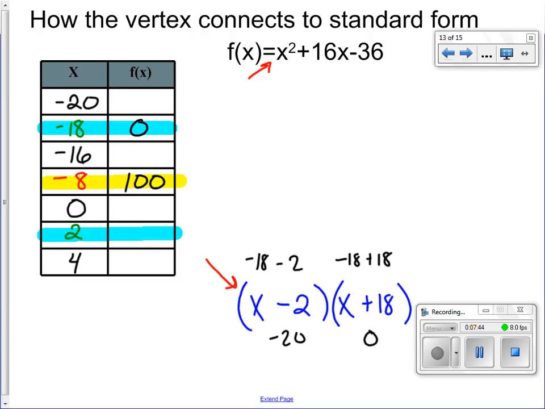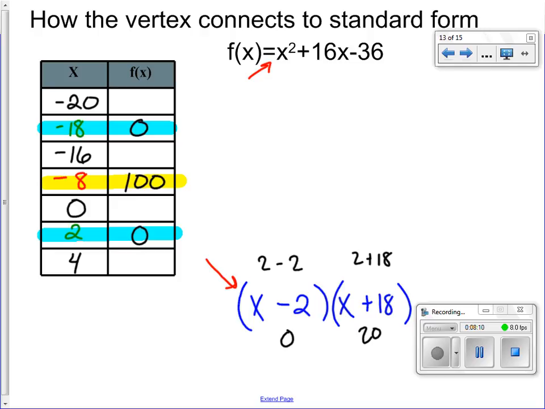So technically the same thing should happen when we go to plug in 2. Alright, so I'm just going to take those off. So we plug in 2 minus 2, there's my 0 this time. And then 2 plus 18, that's going to be 20. But when I multiply that out, I still have 0.